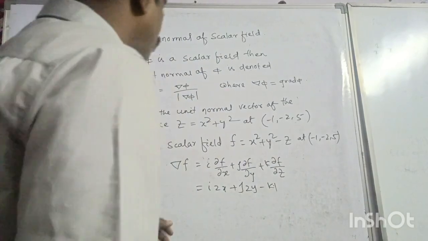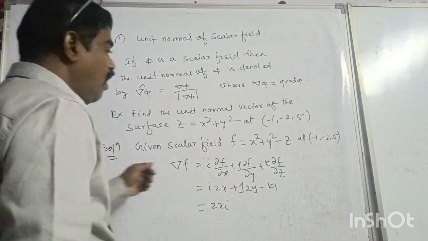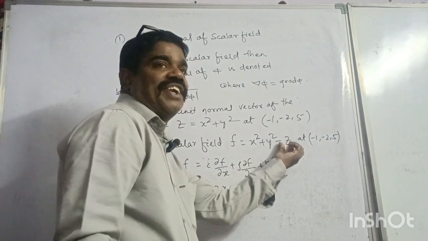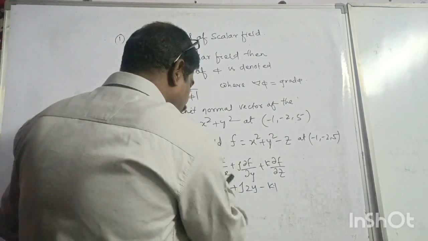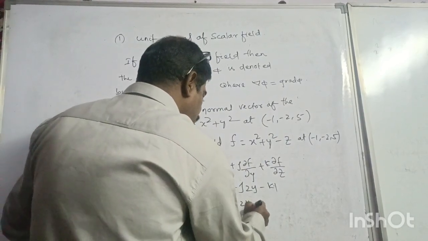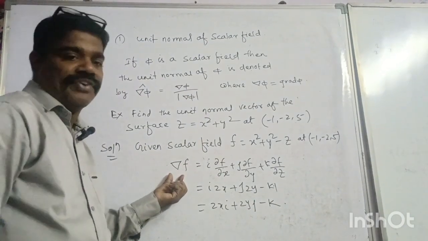Understand or not? So 2xi plus 2yj minus k. We got nabla f, right or not?